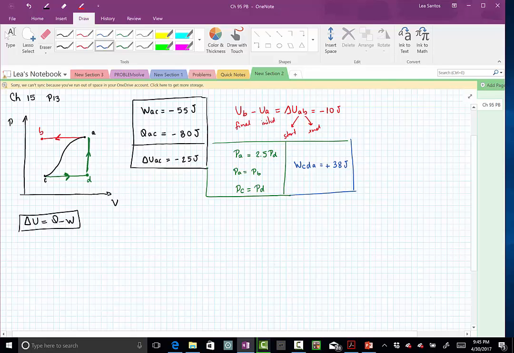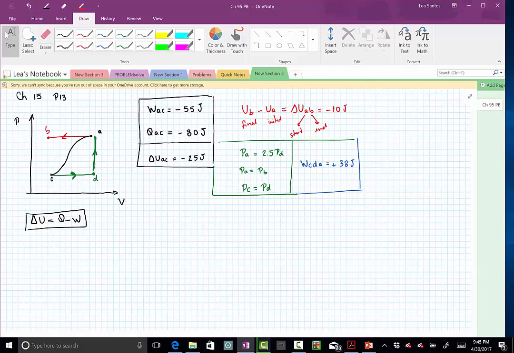So let's start from question A. Question A is, what is UA minus UC? A is the final, C is the initial. So this means that we started at point C and went to point A. What did we obtain up here?